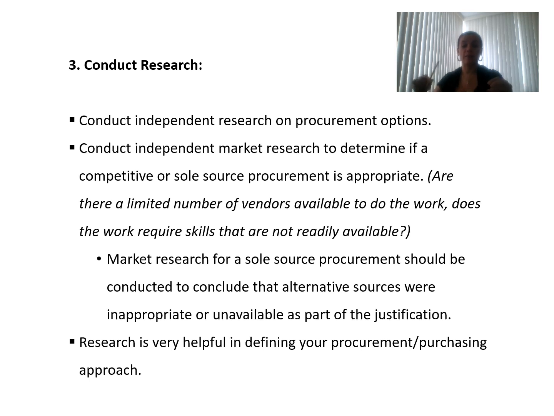At the end, this market research should be conducted to conclude that alternative resources were inappropriate or unavailable, as part of the justification. Research could be helpful in deciding the approach to conduct the procurement. This step should not be rushed because it will save money at the end, and it will help your company understand different ways to access the capacity or the service that you need.